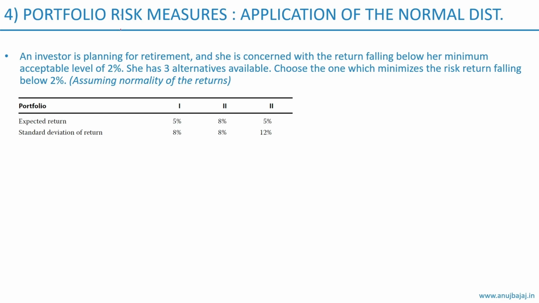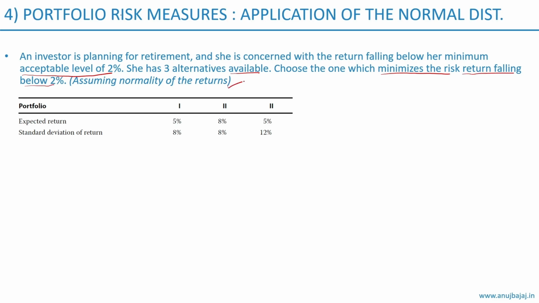Now let us look at some of the portfolio risk measures. An investor is planning for retirement and she is concerned with the return falling below her minimum acceptable level of 2%. She has three alternatives available in front of her. Choose the one alternative which minimizes the risk of return falling below 2%.